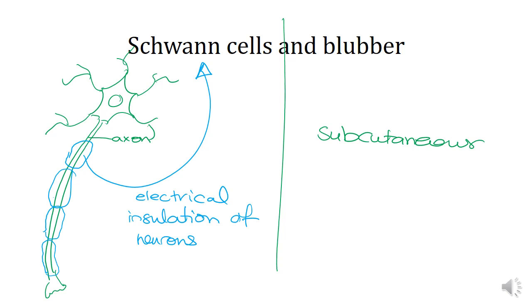Whale blubber used to be used as an oil for lanterns and things like that. It's one of the reasons why whales were hunted, because they did have such large stores of fat. So that is subcutaneous fat, and this is thermal insulation.